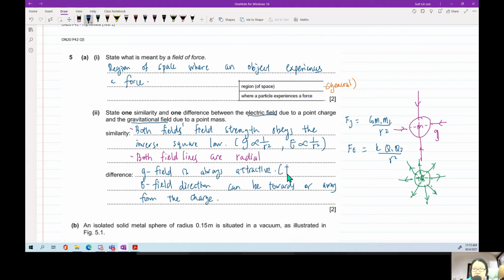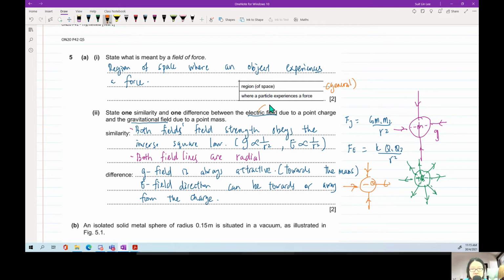So this attractive is towards the mass. I will caution against using repulsive because they prefer that you talk about the field like a direction. For example, if you're drawing negative Q, the field line for negative Q is pointing inwards towards.